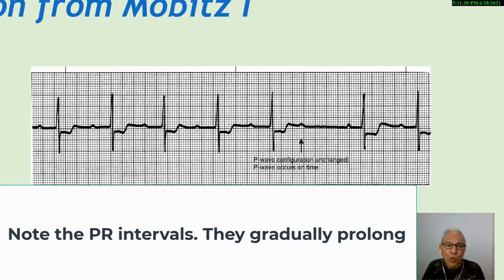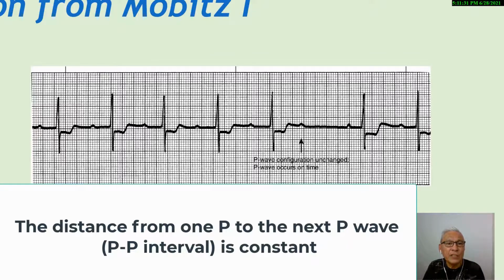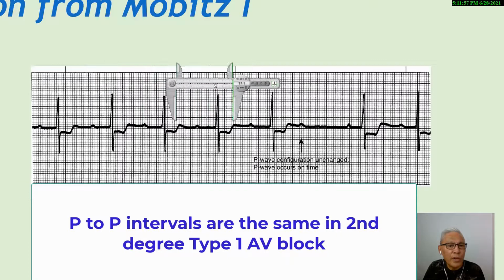In Mobitz 1, the P to P intervals are going to be the same. In other words, the sinus node fires regularly, and let's illustrate that point. Now, if I were to put my caliper from one P wave to the next P wave, notice now that it will be consistent. It will always be occurring at the same time.